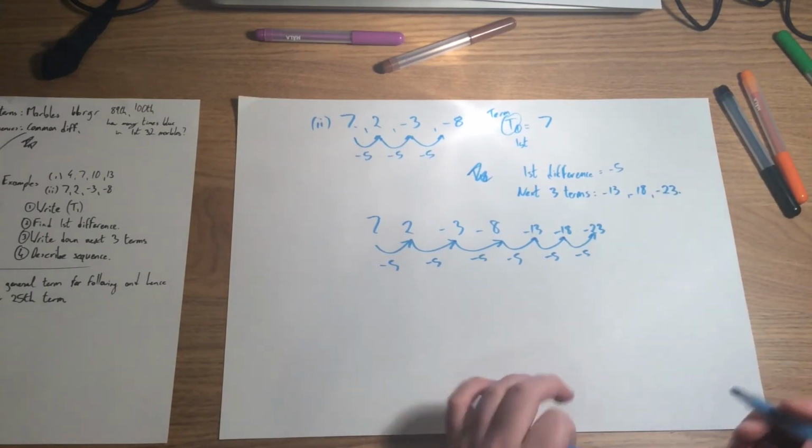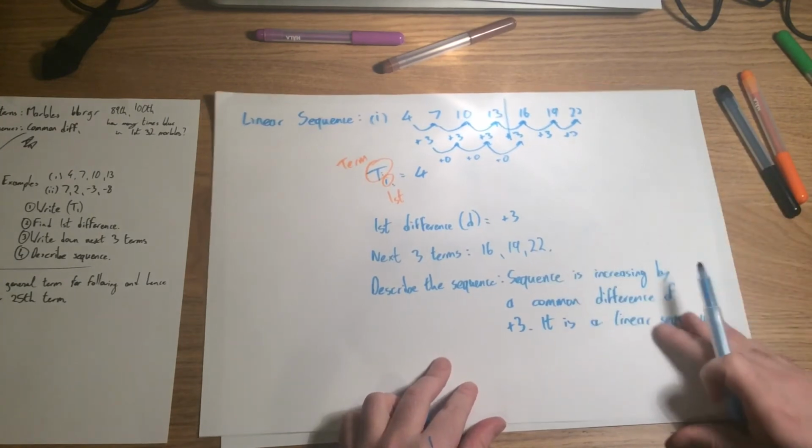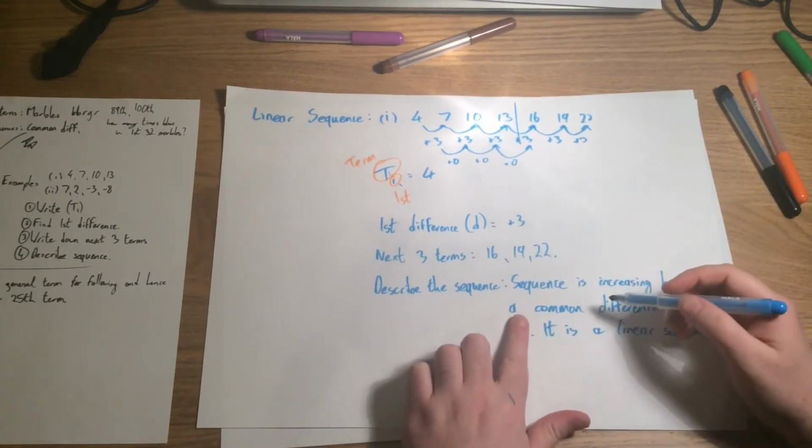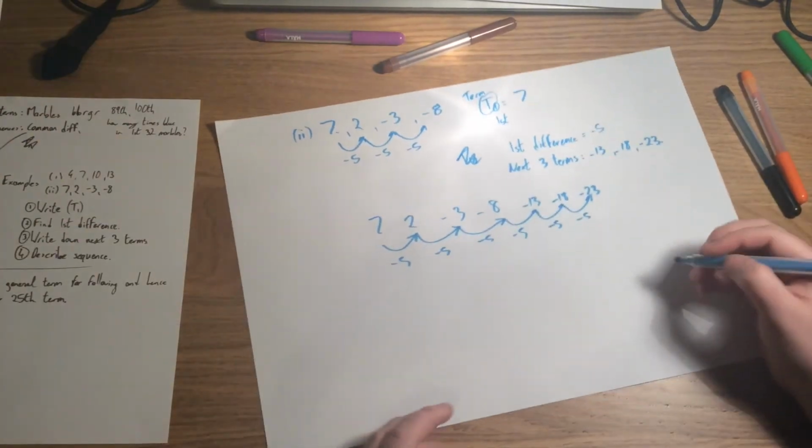And then it says describe the sequence in your own words. Now using what we said over here, instead of sequence is increasing, we say sequence is decreasing by a common difference of minus 5. It is a linear sequence. It has a common difference, therefore it is a linear sequence, okay?